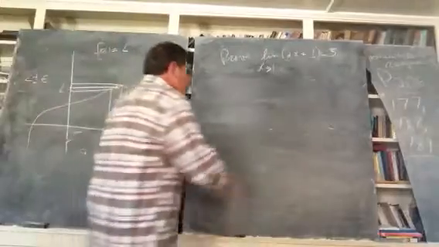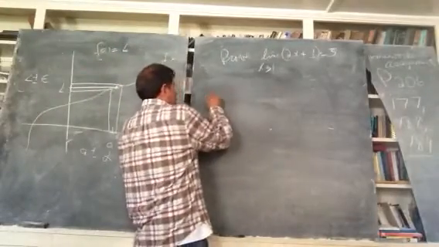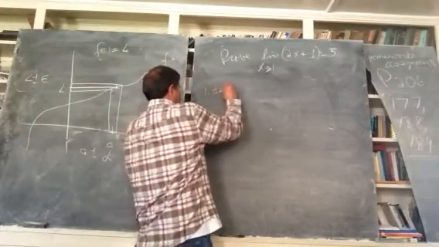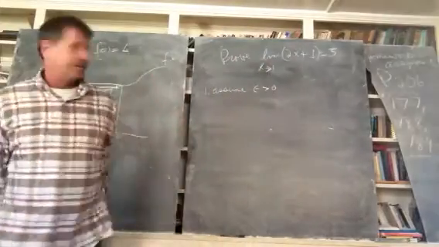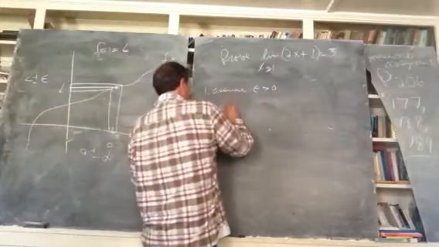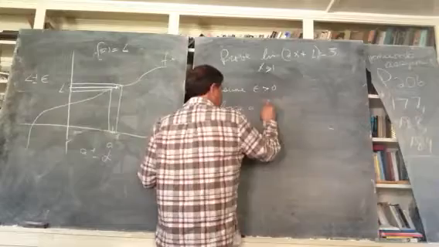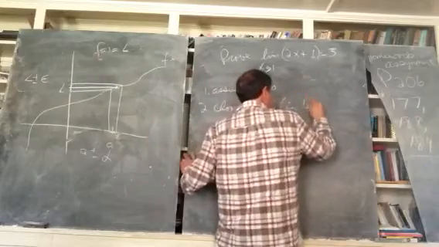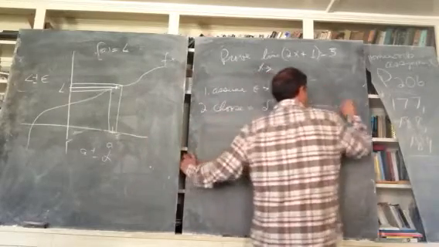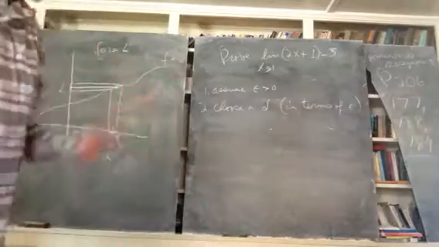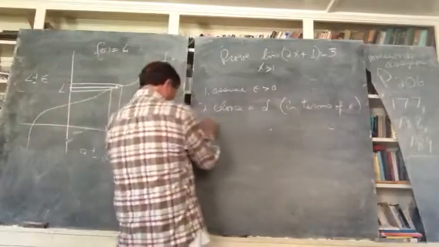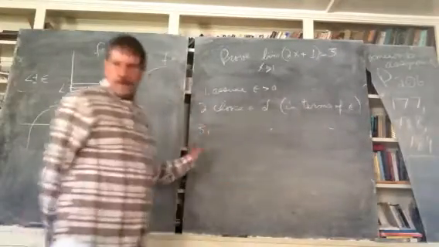But what we want to do is, first, assume epsilon greater than 0, no matter what. Two, choose a delta in terms of epsilon. That's the hard part. In this case, we're choosing delta as epsilon over 2, and I'll show you why.